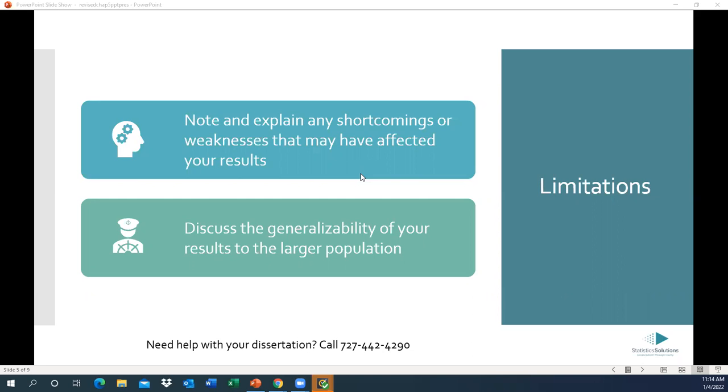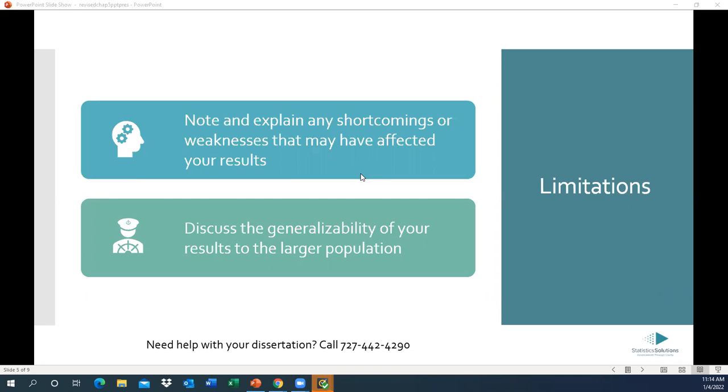You also want to discuss the generalizability of your results to the larger sample population. In other words, what you found, will it generalize well to the larger study population?